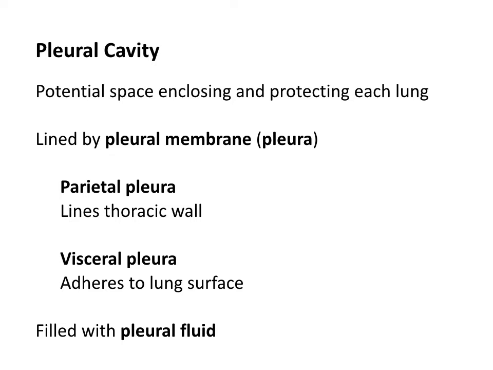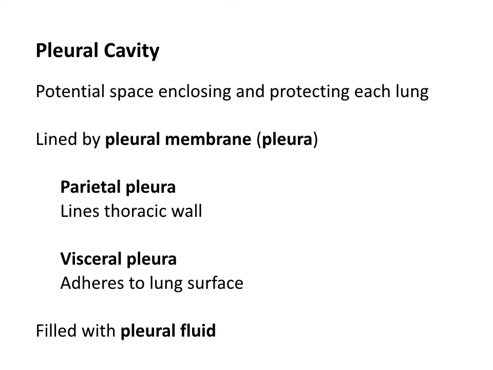Now, each pleural cavity is lined by what is called a pleural membrane. The pleural membrane is also called the pleura. Now, this pleural membrane has two layers to it. You have a parietal pleura, which is going to cover the inner surface of your thoracic wall.